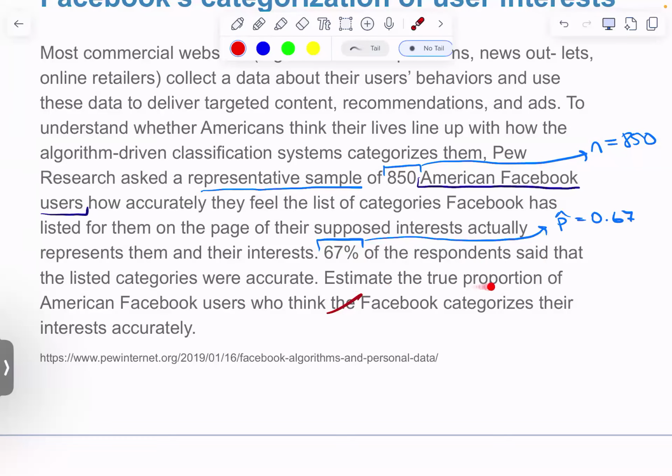And so now we're going to estimate the true proportion of American Facebook users who think Facebook categorizes their interests accurately. The true proportion, that's going to be p. We want to estimate what this could be, and to do that, we're going to build a confidence interval.